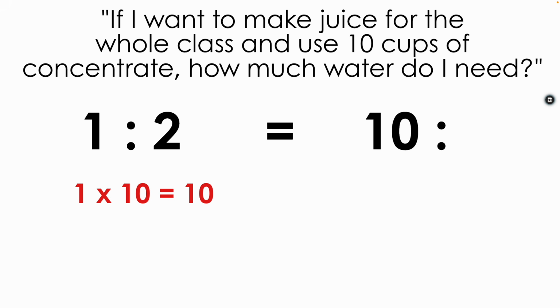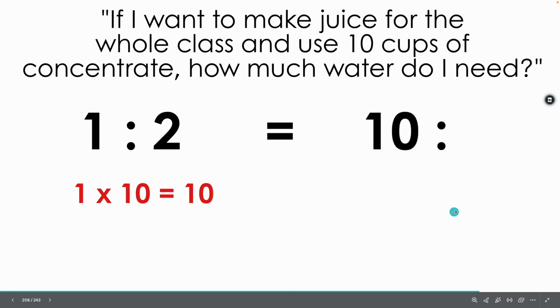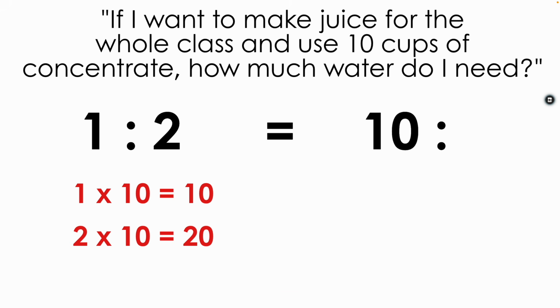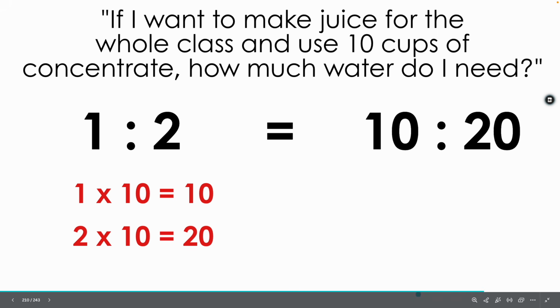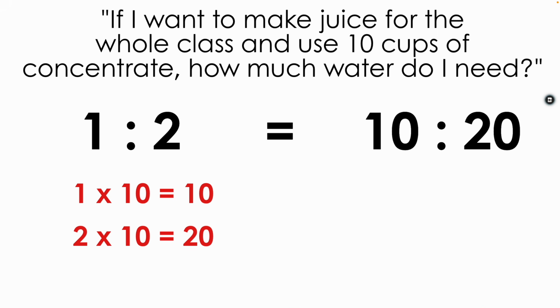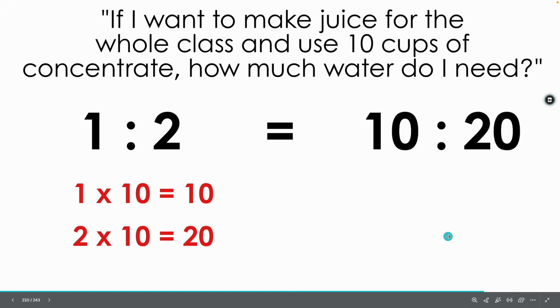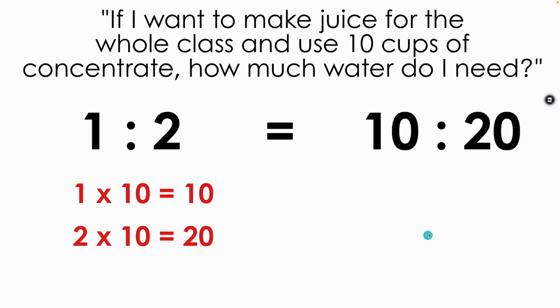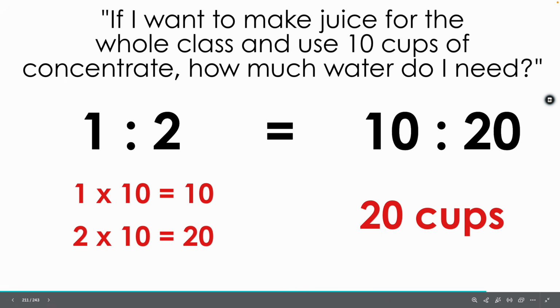So if we multiplied 1 by 10, we are going to multiply 2 by 10 as well. So we have 20. Therefore, our new ratio is 10 to 20. That means if we use 10 cups of concentrate, we need 20 cups of water.